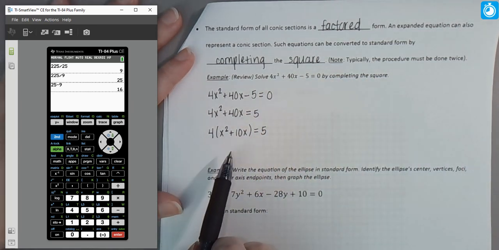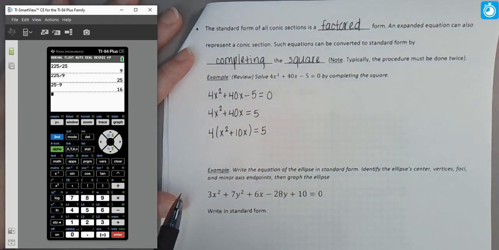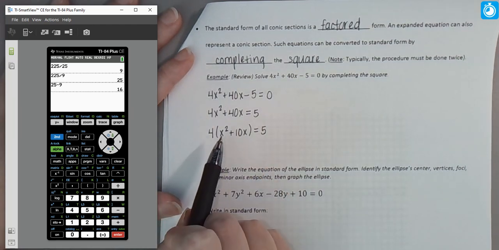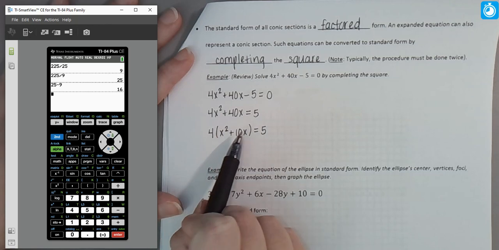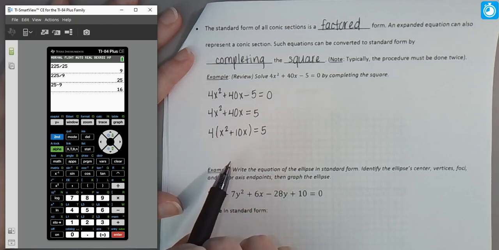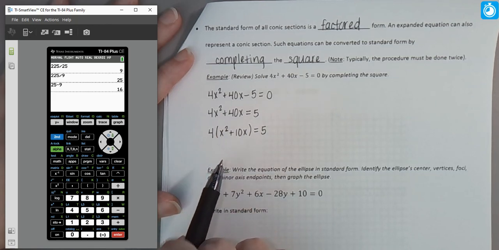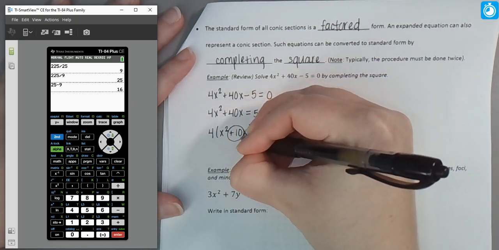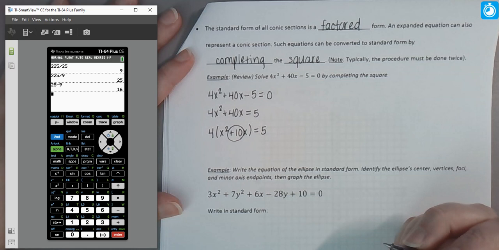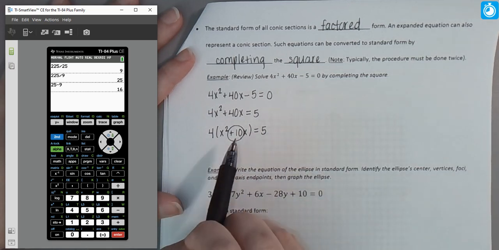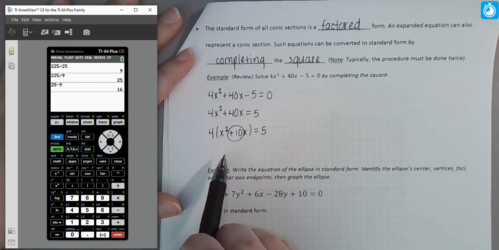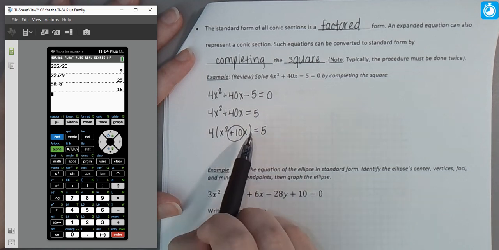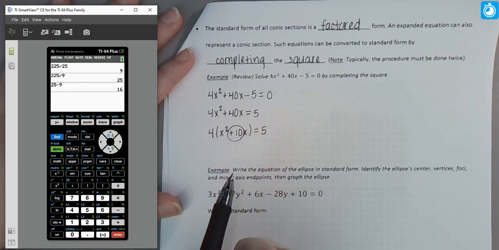Now, the next step is where I actually complete the square. So essentially the idea is I want to create a trinomial here in parentheses that factors in a very specific way. So what I'm going to focus on is the coefficient on x. I'm going to manipulate this coefficient in such a way to create a new constant that's going to be added on to both sides of the equation. So here's the constant.